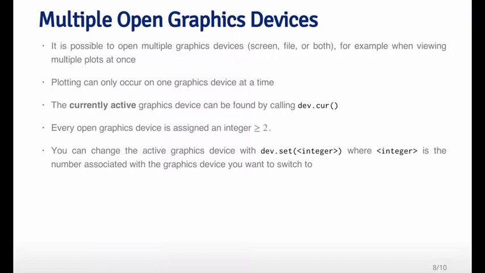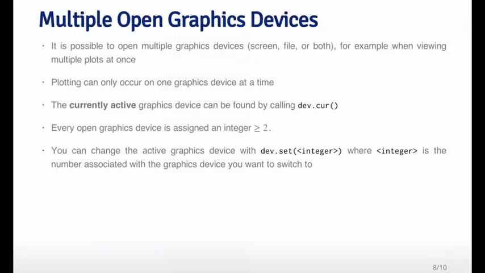But you can only plot to one device at a time. The graphics device that you plot to is the active graphics device, and you can figure out which one is active by calling the dev.cur function, where dev stands for current, and that function will return an integer that tells you which graphics device is currently active. Every graphics device is assigned an integer from 2 and up.